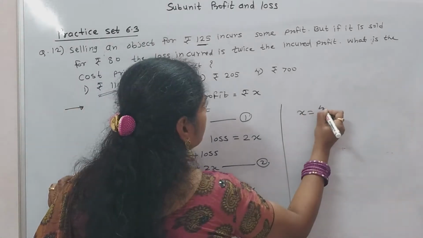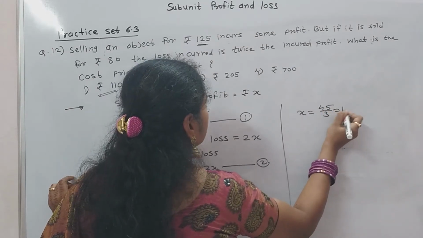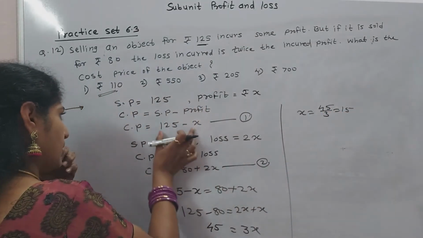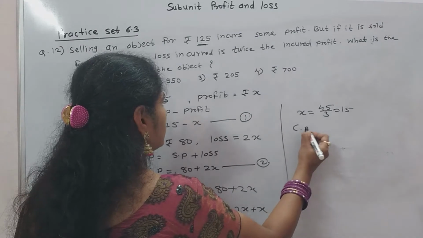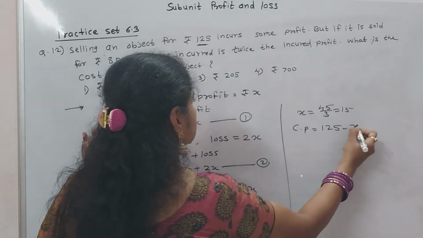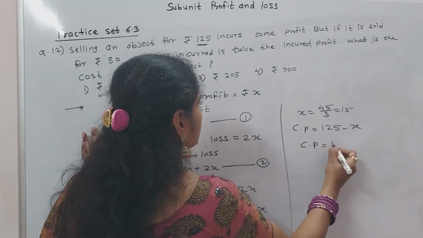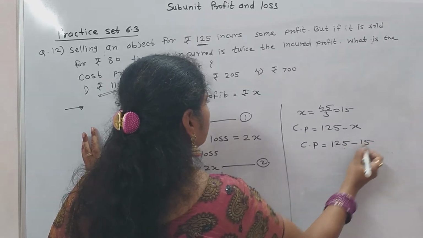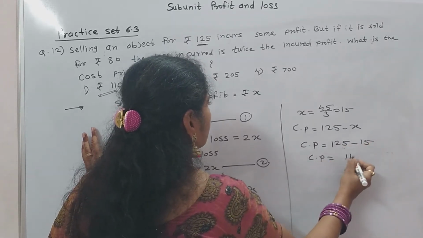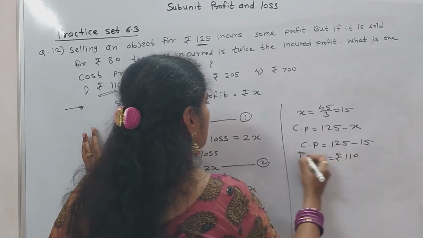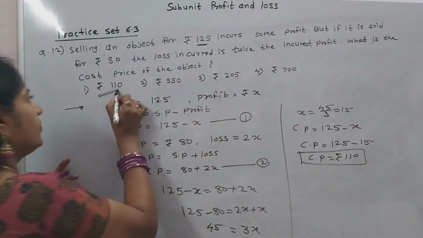So 45 divided by 3 is 15, x equals 15. And our answer is cost price equal to 125 minus x, cost price equal to 125 minus 15, cost price equal to 110. So our answer is option number 1.